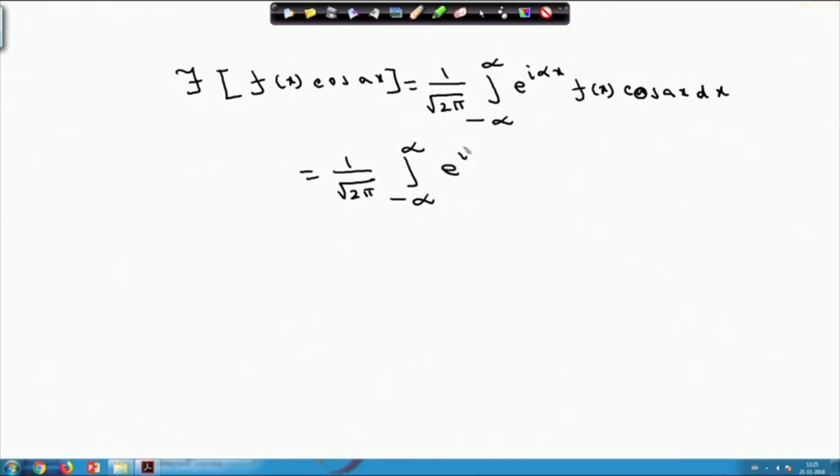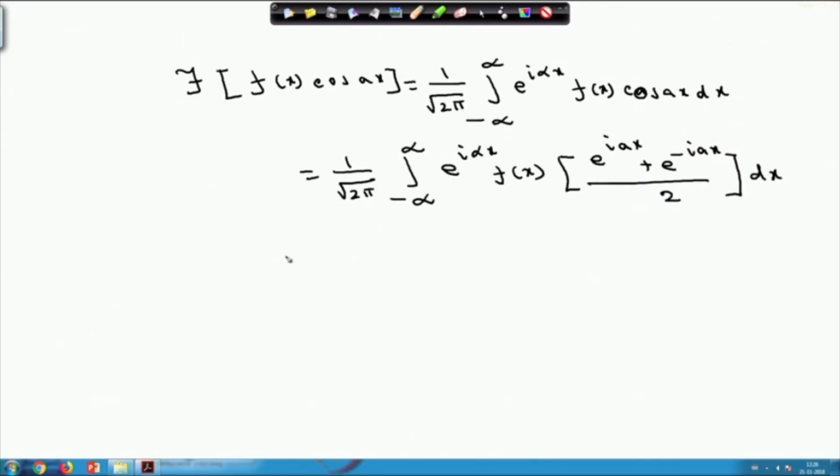This I am keeping as it is, e power i alpha x into f x. The cos function I can break into e power form, because our format of Fourier transform is this. So, cos a x I can write as e power i a x plus e power minus i a x divided by 2, into dx.